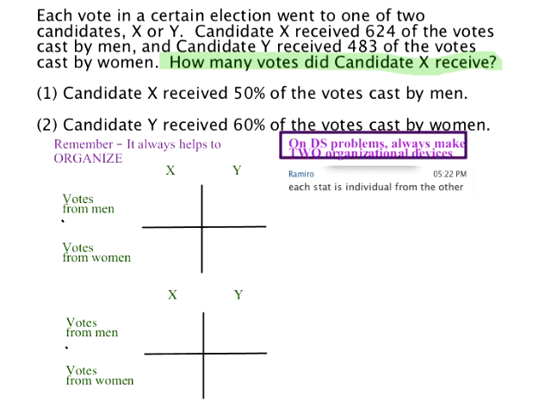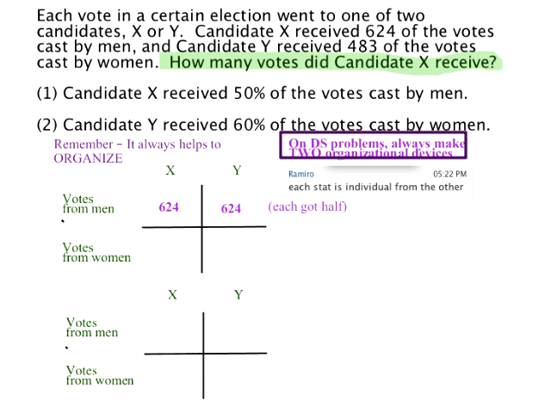So in statement 1, we know that candidate X got half the votes from men, so we have 624. That means that Y also got 624, because if they each got half, then they're the same number.